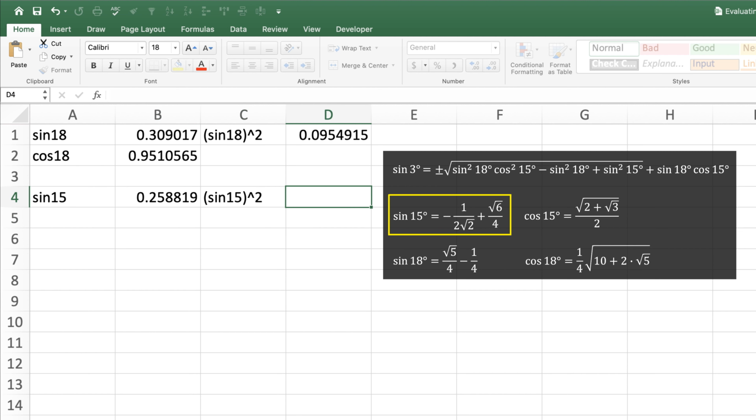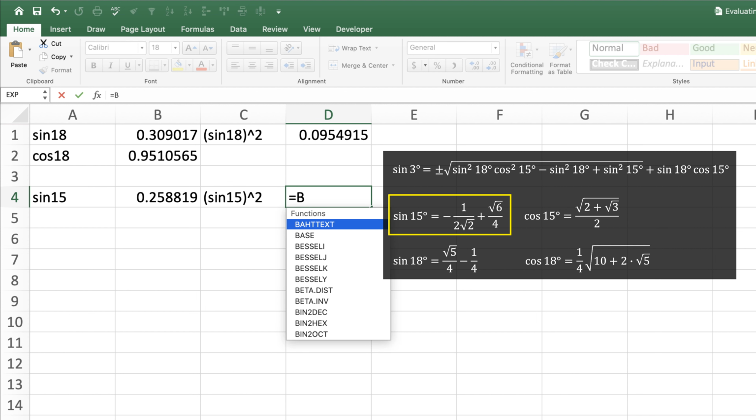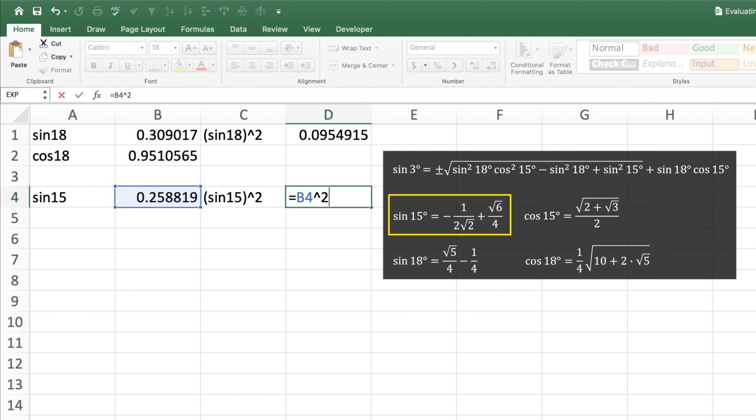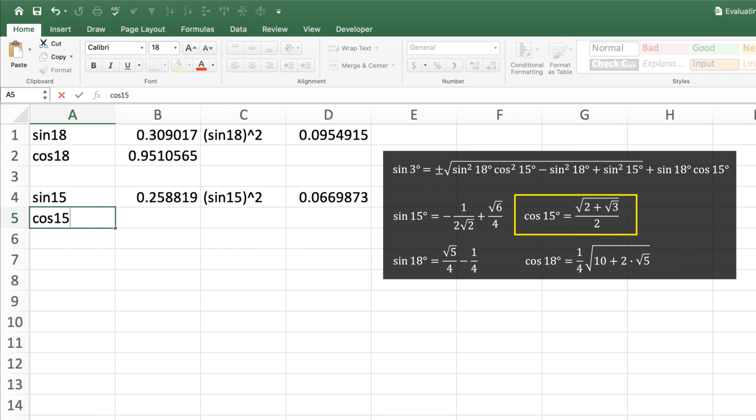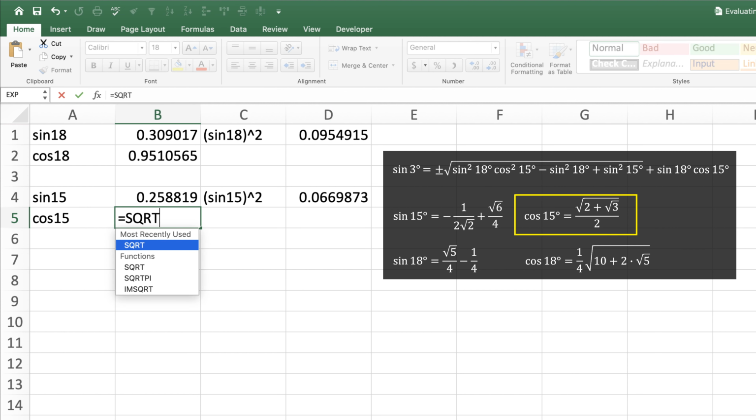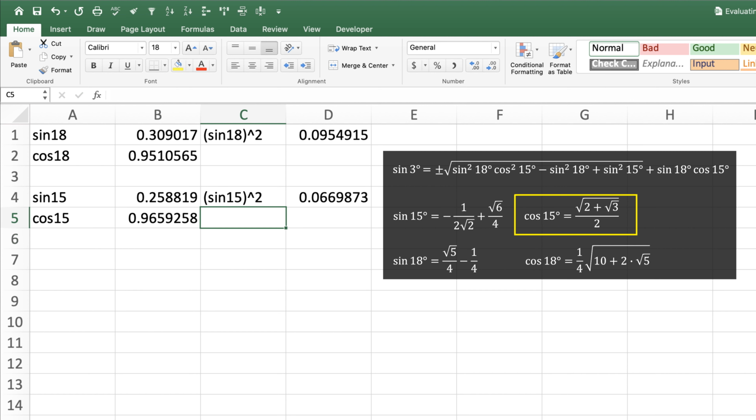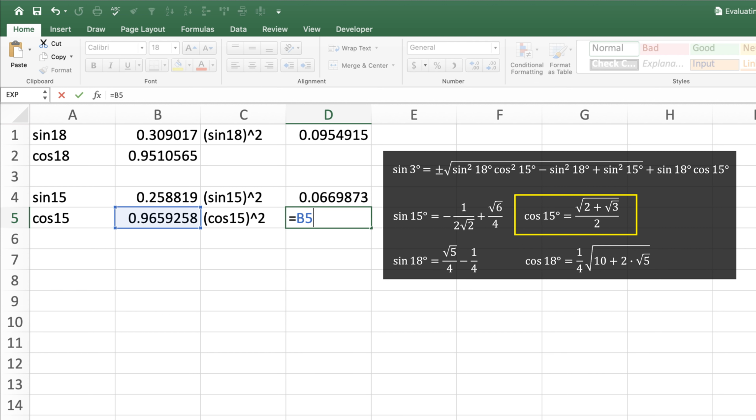Square of it equals to B4 raised to the power of 2. Finally, cosine 15 equals to square root of 2 plus square root of 3. Add the braces over 2. Square of that equals to B5 raised to the power of 2.